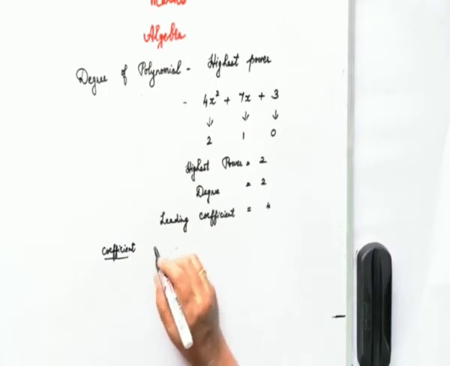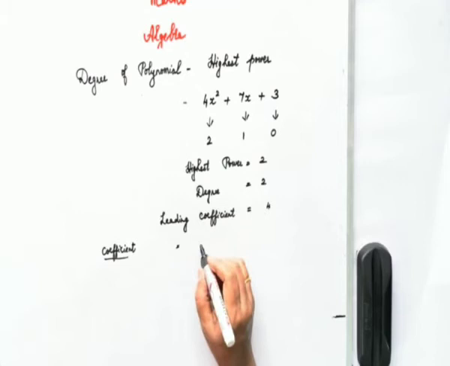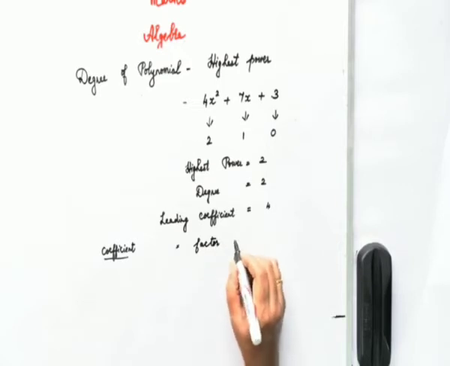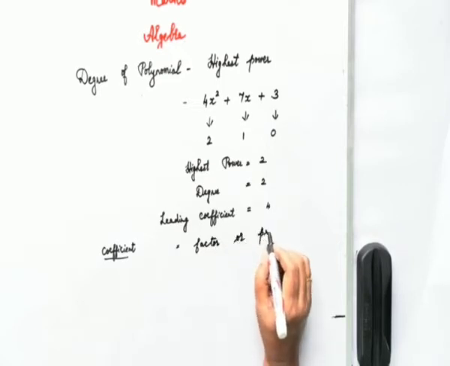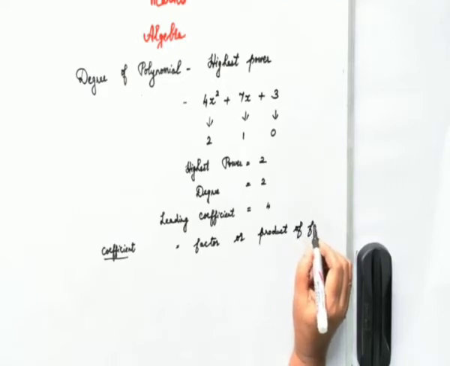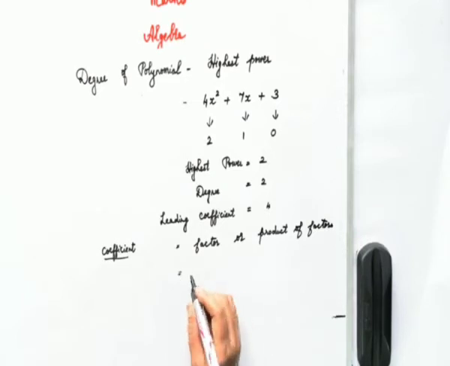The coefficient of a variable is the factor or the product of factors combined with the variable. We will see through an example.